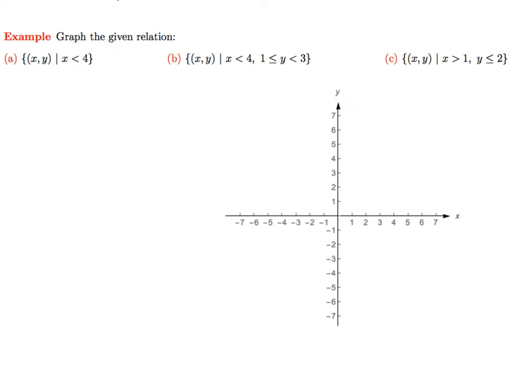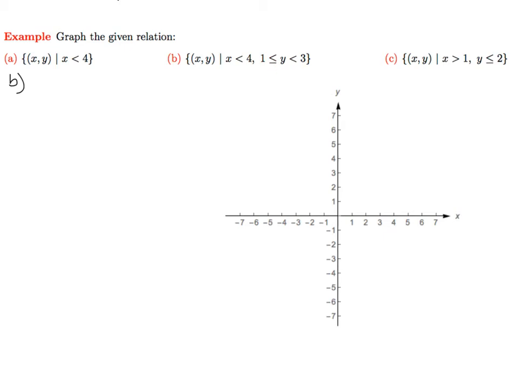In part B, we now have a relation where we have restrictions on both x and y. So here we have all values of x and y such that x is strictly less than 4, and the y coordinates of these points are greater than or equal to 1 and strictly less than 3.